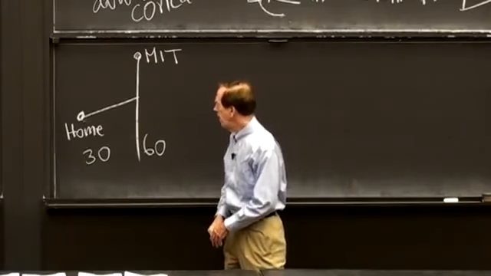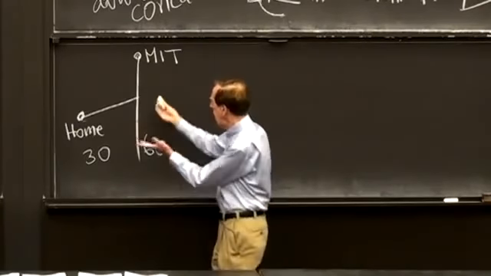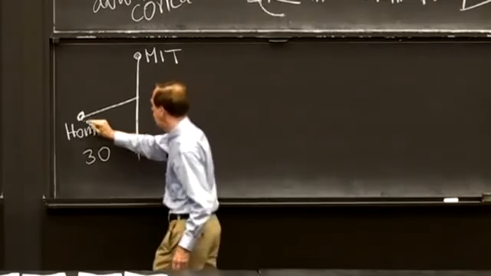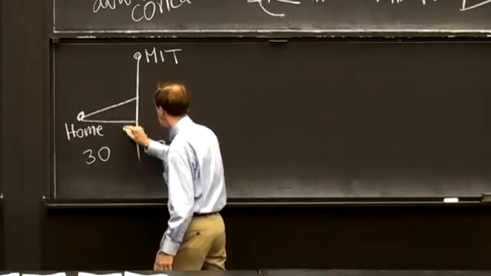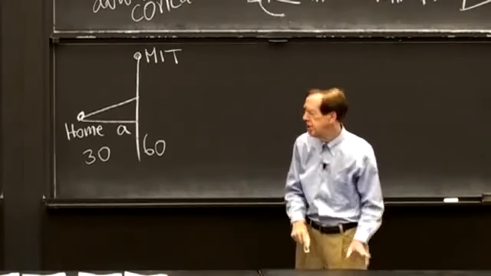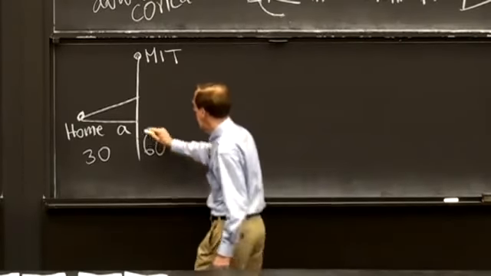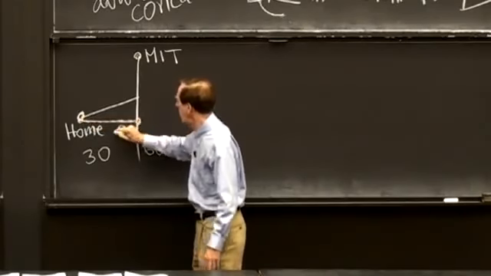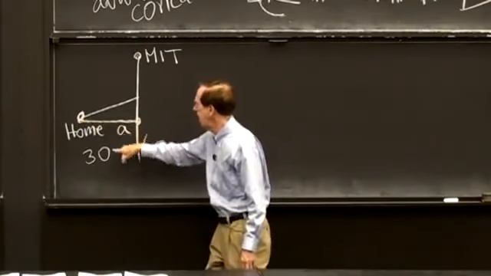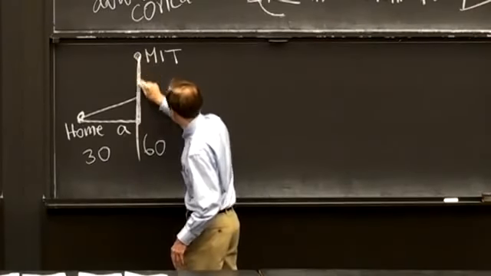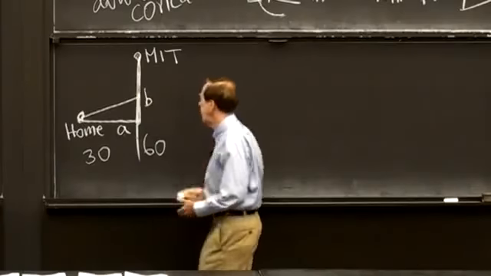Okay. So, and now I should have put in some measure. Let's call that distance A, whatever it is. Maybe it's about 3 miles. And let me call, so that's the direct distance. If I just went direct to the turnpike, I would go a distance A at 30 miles an hour, and then I would go a distance, so I call that B, at 60.